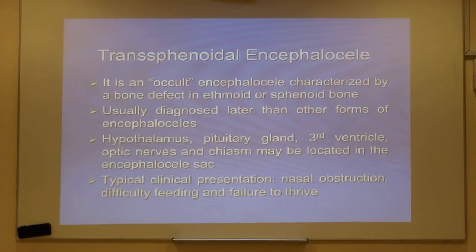You would take the child to the physician, and when they look at the nasopharynx, they will find bulging brain tissue. The hypothalamus, pituitary gland, third ventricle, optic nerves and chiasma may be located in the encephalocele sac, and the typical clinical presentation is nasal obstruction, difficulty in feeding, and failure to thrive.